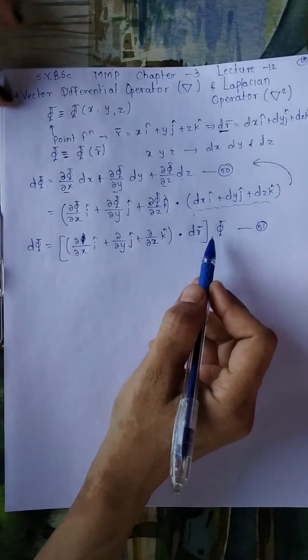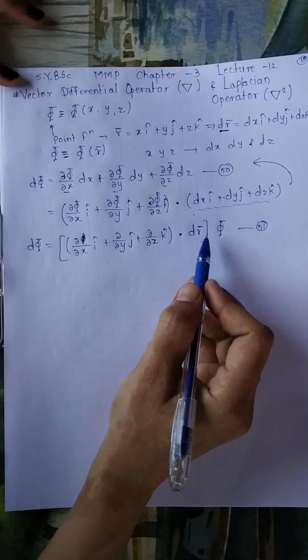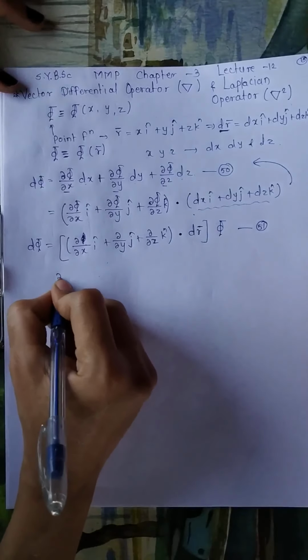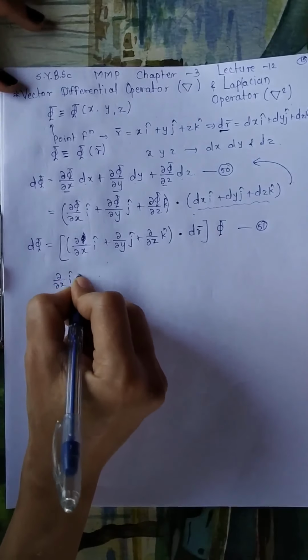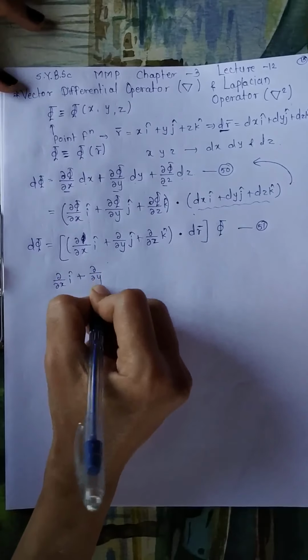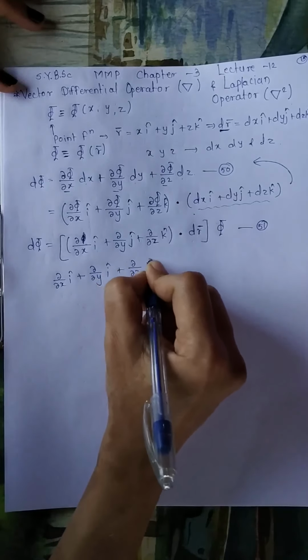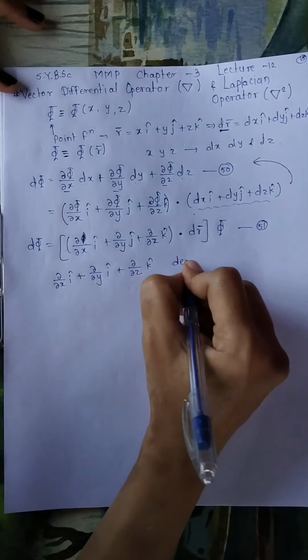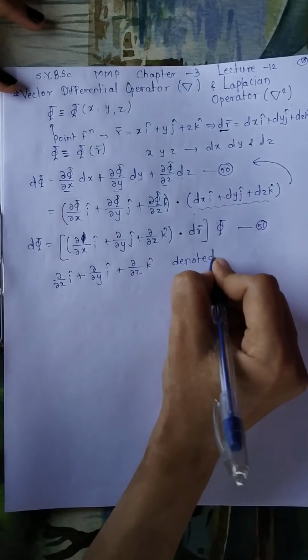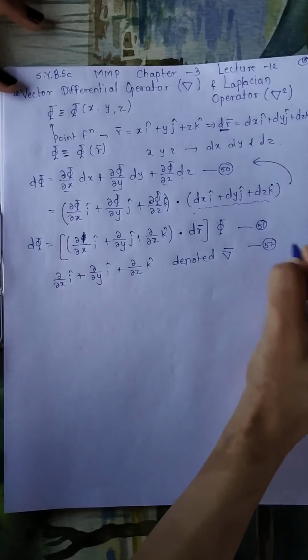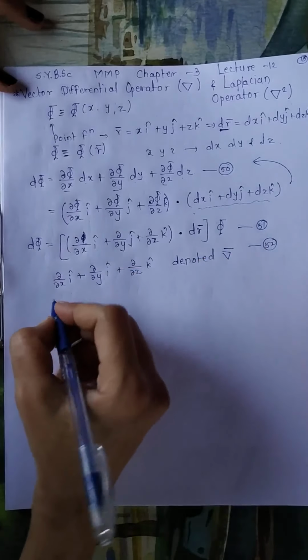This vector differential operator is defined in Cartesian coordinates as dou by dou x i cap plus dou by dou y j cap plus dou by dou z k cap, and it is denoted by del bar.